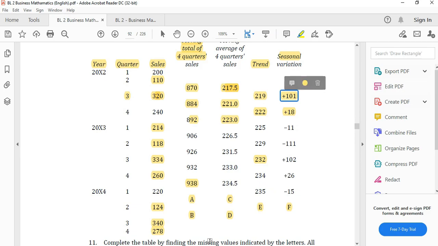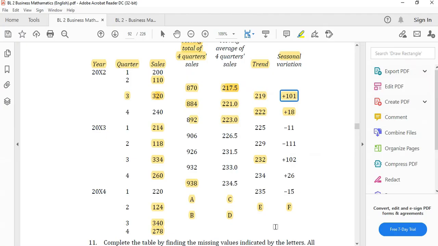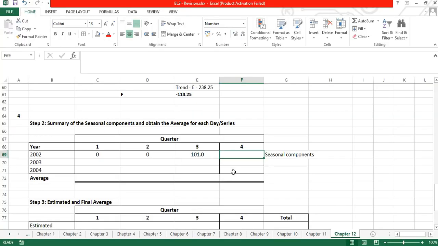So quarter 1 is 0, quarter 2 also 0, quarter 3 it's plus 101, and quarter 4 in year 2002 it's 80. So you put 80. Now let's go to year 2003.